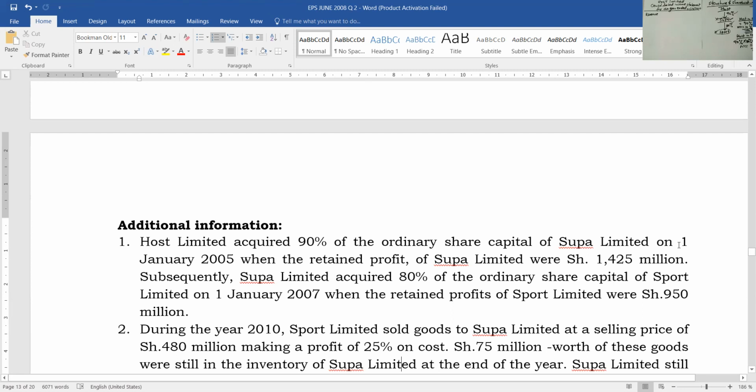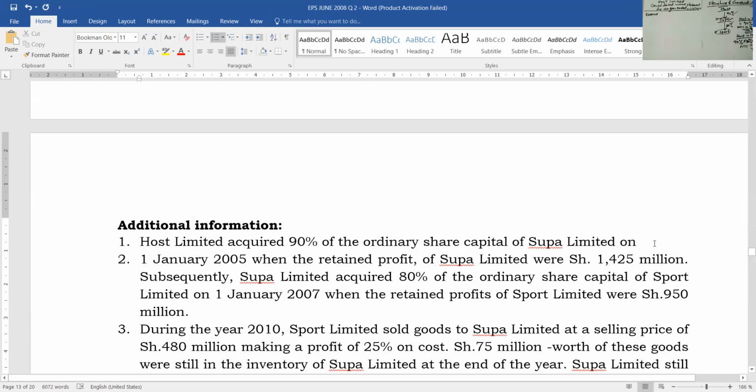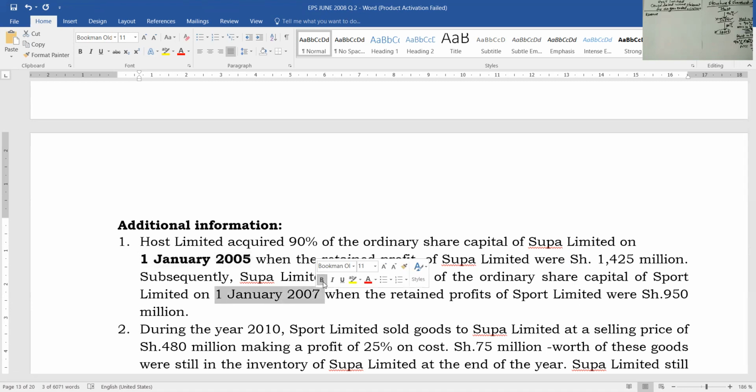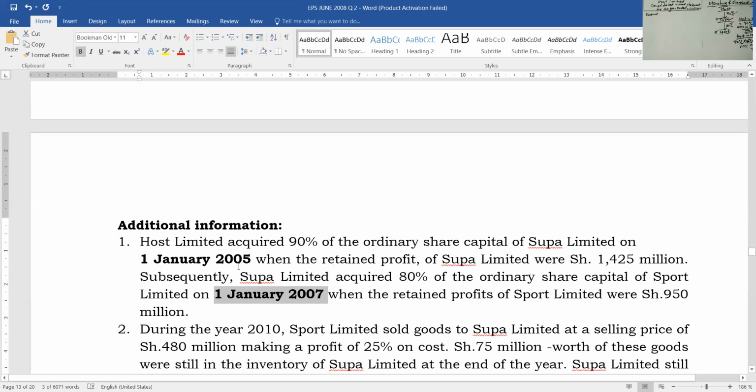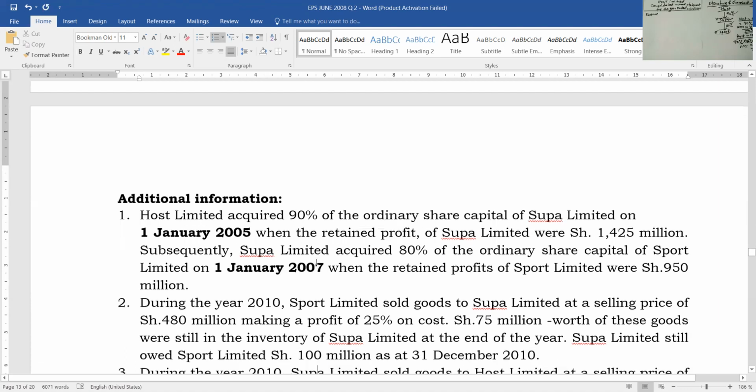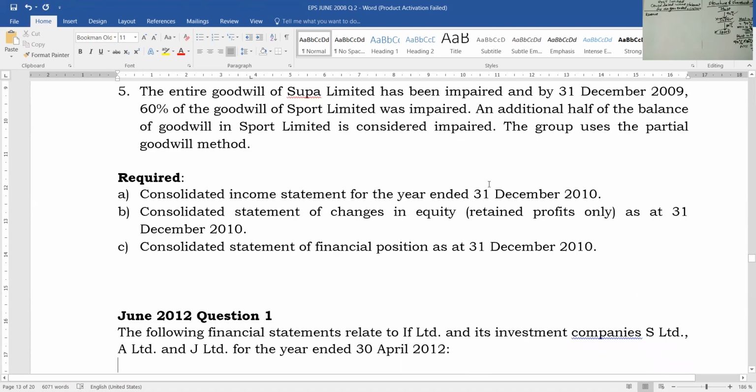You can see that super was acquired on 1st January 2007, and sport was acquired on 1st January 2005. But when are we preparing our books? Our books are being prepared as at 2010.